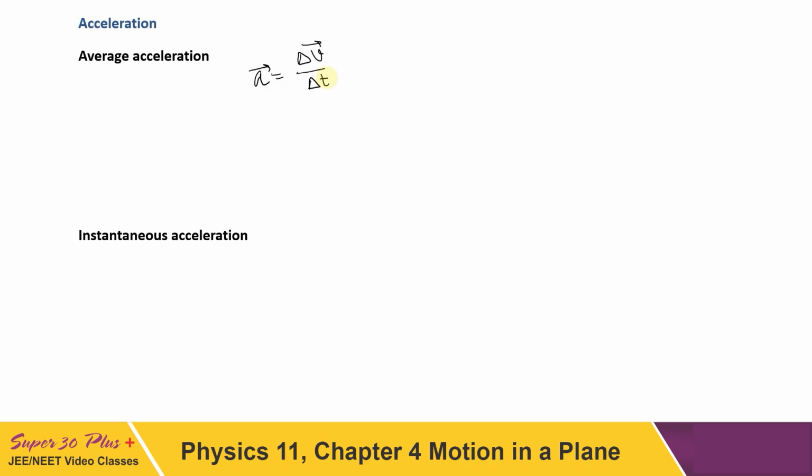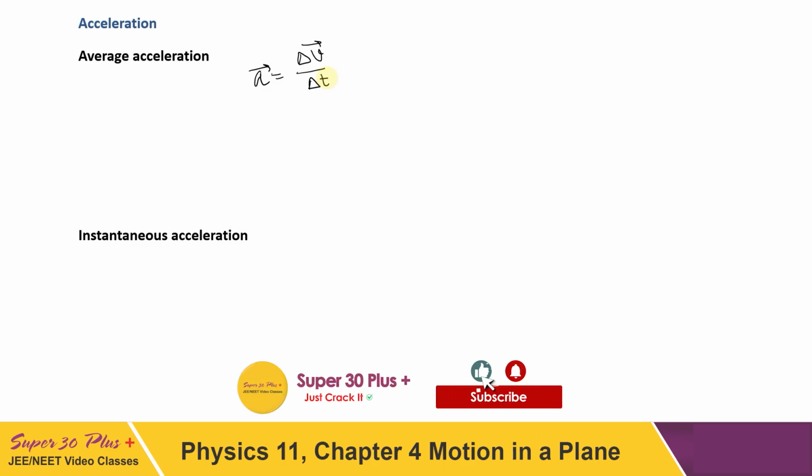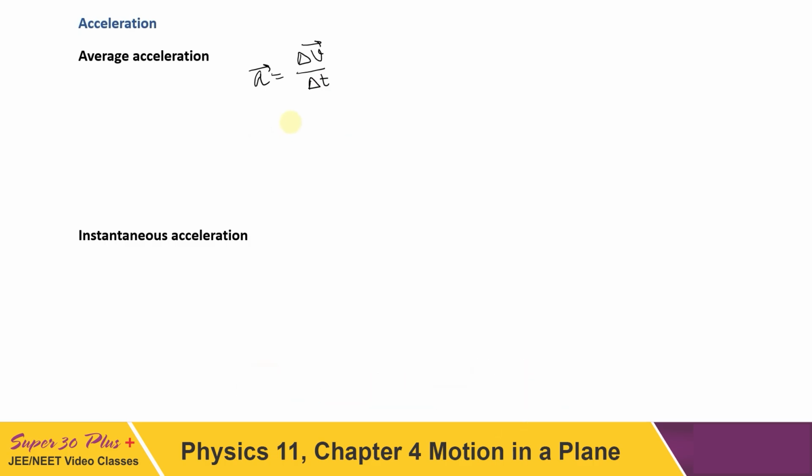Here we cannot simply omit the vector sign and then write plus and minus, because kinematical terms are in 2 dimensions. So here it is to be strictly written. a is written as average acceleration, delta v upon delta t. Now if we write in rectangular component form, it can be represented as delta Vx upon delta t i plus delta Vy upon delta t j.